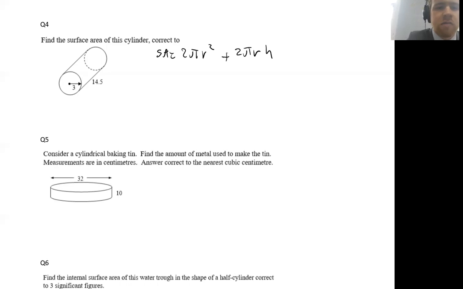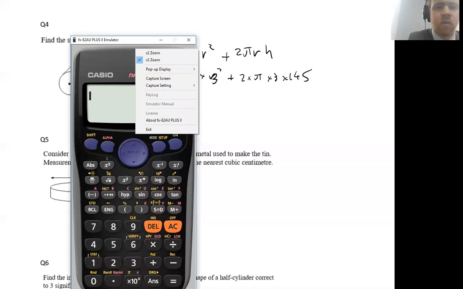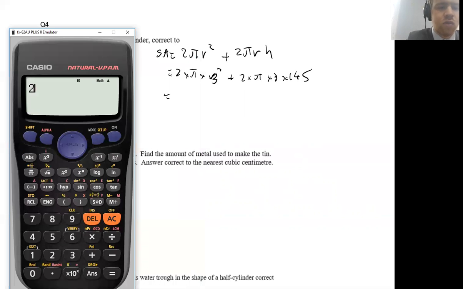Now we just need to put in our values. It's going to be 2 times pi times 3 squared plus 2 times pi times 3 times 14.5. And that's what we're going to put in our calculator. So it's going to be 2 times pi times 3 squared plus 2 times pi times 3 times 14.5.